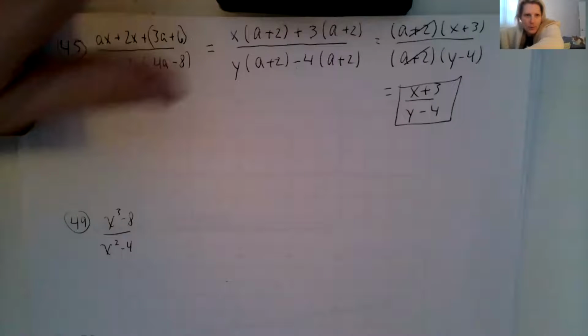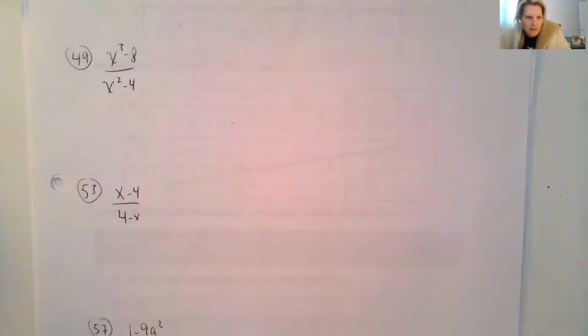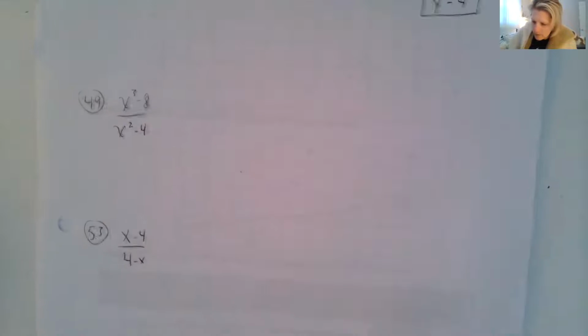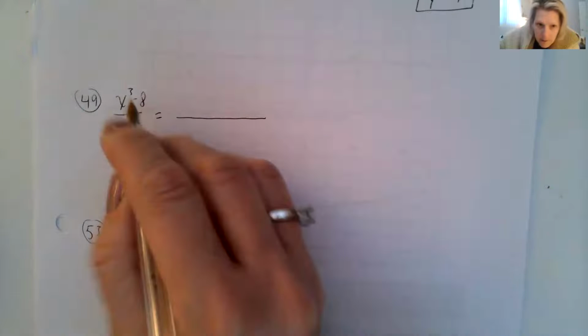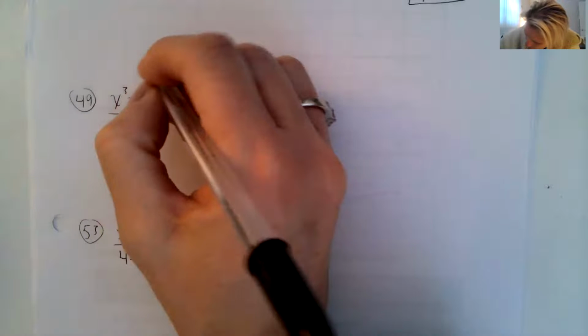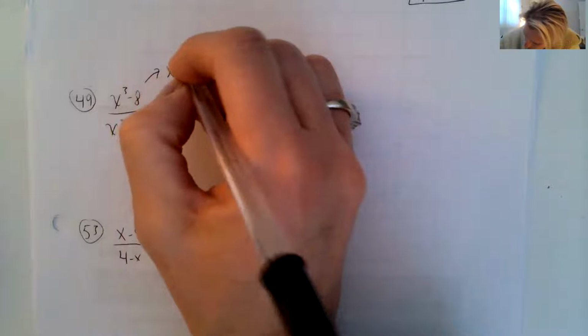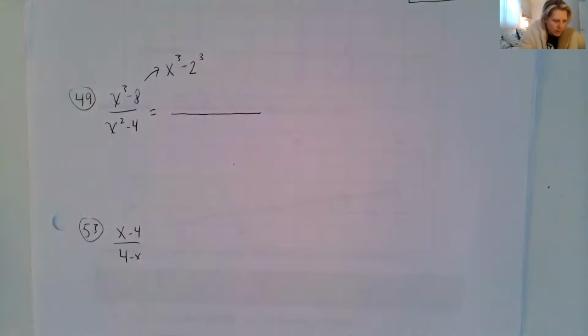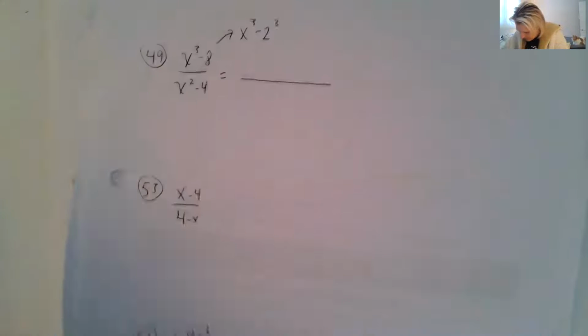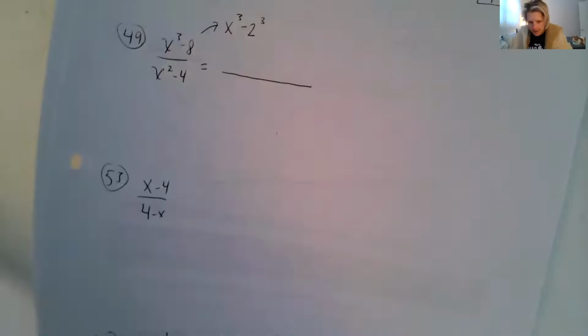Okay, the next one is back to the difference of 2 cubes and a difference of squares. So this is a difference of 2 cubes. It's x cubed minus 2 cubed. And then, of course, we have our factoring flow chart, hidden right here.